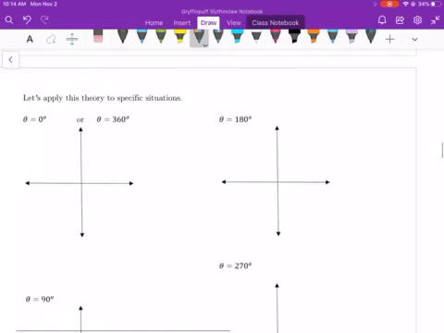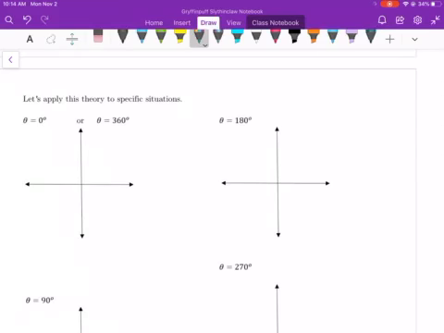So let's apply some theory to some situations. I am going to draw 0 degrees. Here is my angle of 0 degrees, and I know I have this point here. What are the coordinates of that point? The coordinates of that point are going to be (1, 0). So this is at 0 degrees, or you could say it's at 360 degrees.